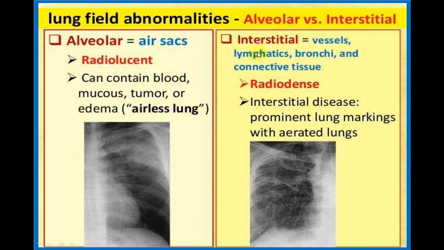While if you see an interstitial process, vessels, lymphatics, bronchi, connective tissue, etc., they produce radiodense, linear lines, where the lung is aerated, but because of a prominent interstitial tissue, it produces those radio dense lines, and this is characteristic of an interstitial process. And an alveolar process will usually produce radiolucent, but in this particular one, you can see the radio opacity with little radiolucency. This will be in an airless lung.